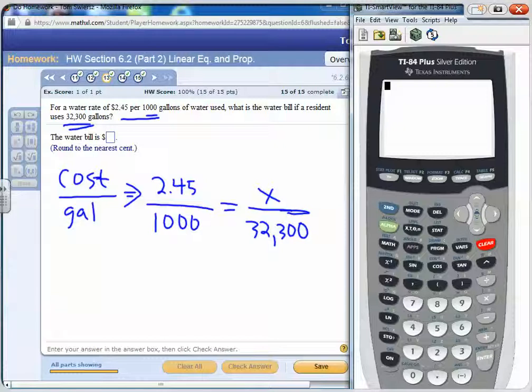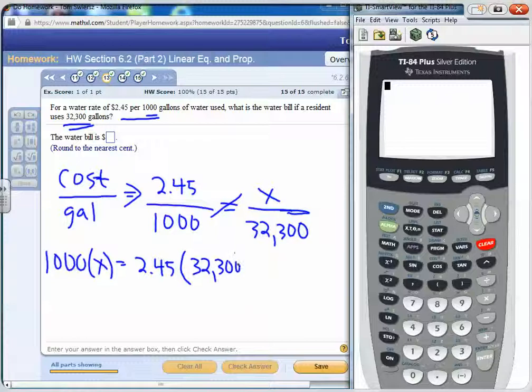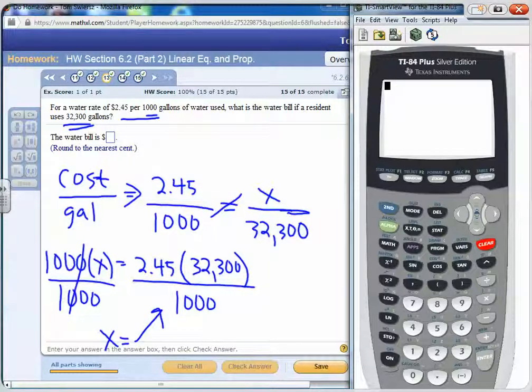There's our proportion set up. Cross products are equal. So 1,000 times X equals 2.45 times 32,300. Divide by 1,000. So these cancel and X is equal to 2.45 times 32,300 divided by 1,000.